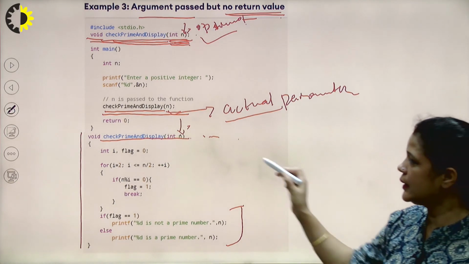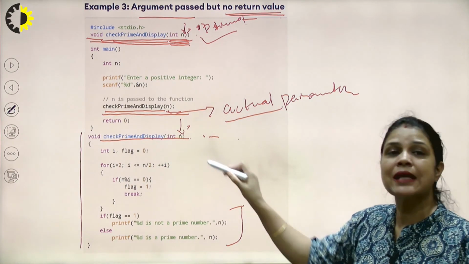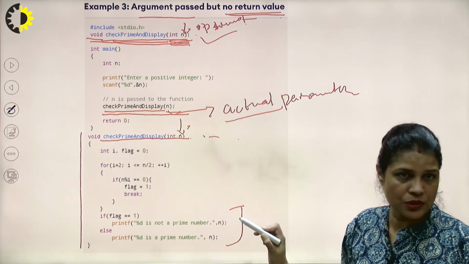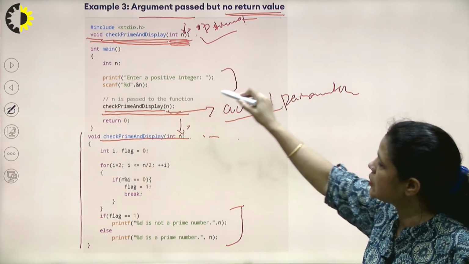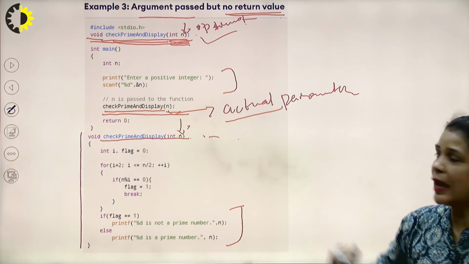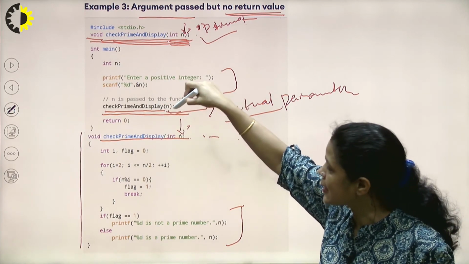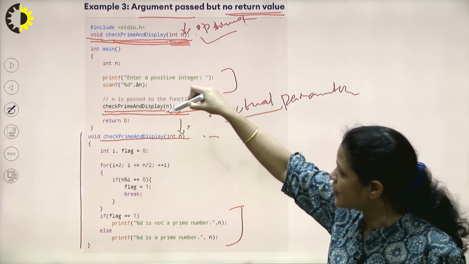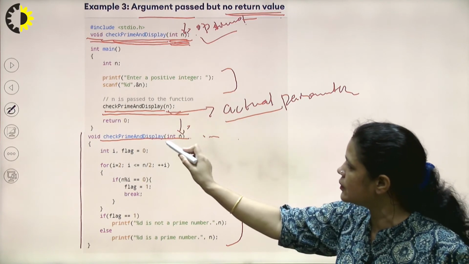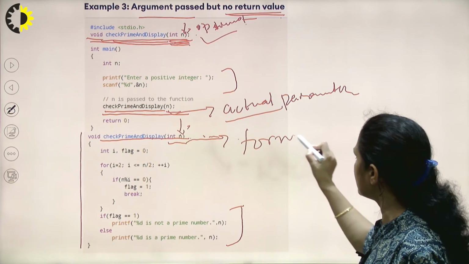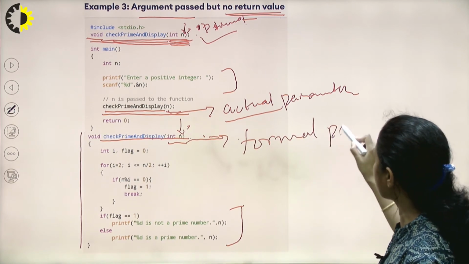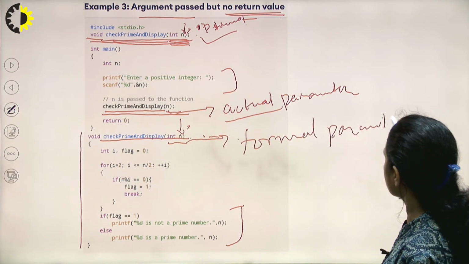We are not taking any value from the user inside this user defined function. We are taking the value from the user in main, and that value is passed as an argument, and that actual argument is passed here. This is called the formal argument, and this is an important concept in C programming, right?